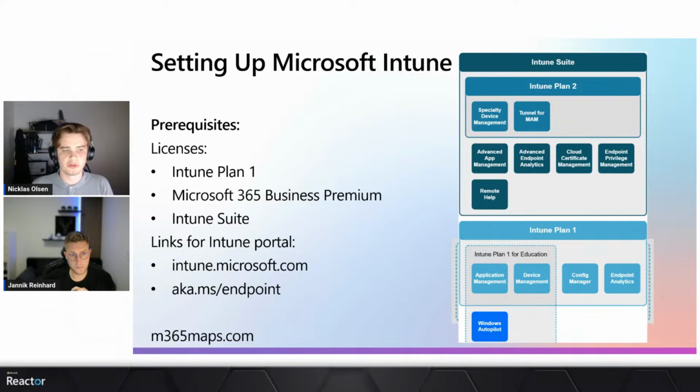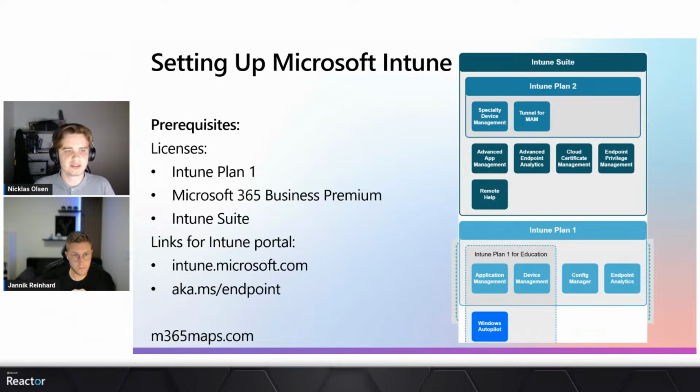But there's also Cloud PKI, and there is Endpoint Privilege Management, which is an admin-by-request feature, where your users can elevate with administrator rights. And then we have Remote Help, which is also a feature for admins to remote into another device for helping the user.